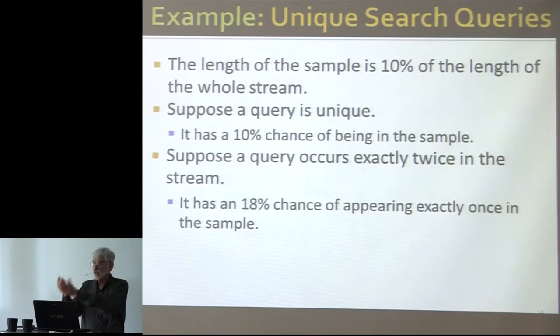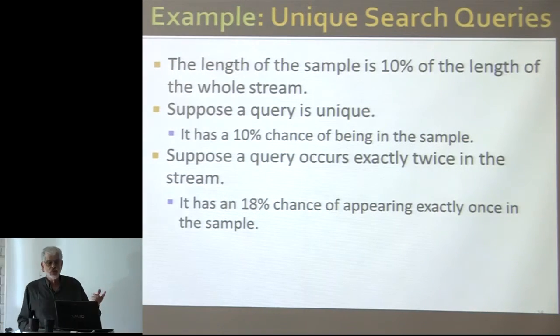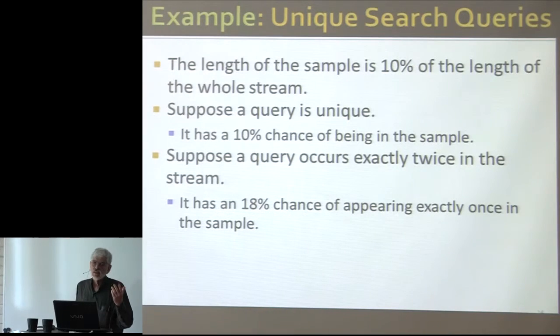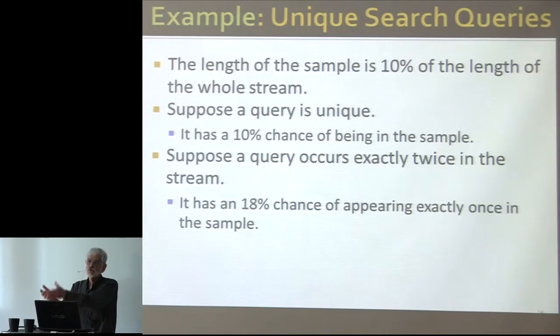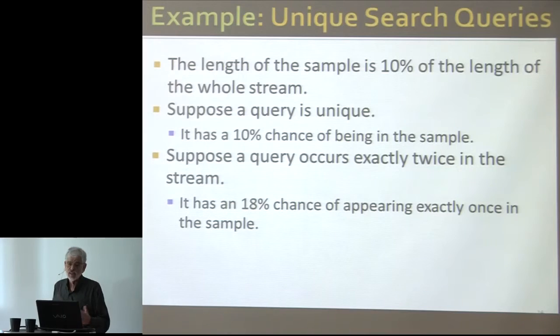You've got the first occurrence and the second occurrence. The chance that the first occurrence appears is 10%. And if it does appear, the chances are 90% that the other one will not appear, and therefore will make the first occurrence look unique. So that's 9% of the time. And then the same way, 90% of the time the first occurrence won't appear, but the second one will, 10% of the time. So that's another 9%. That's why I get 18%.